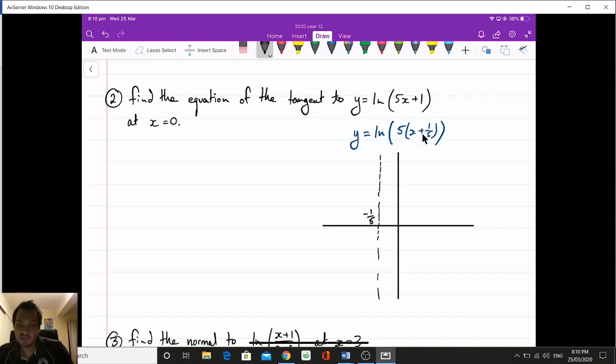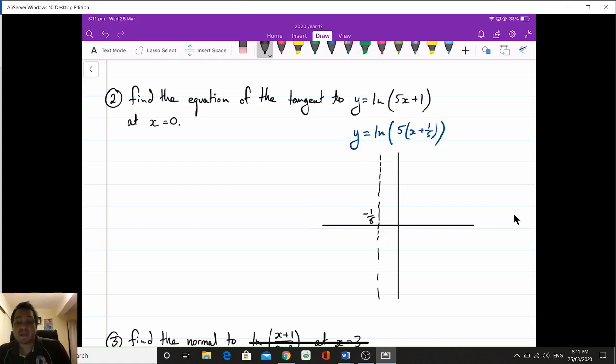It's a plus 1/5, and that's why we've got this. And then we've got the 5, that was squashing it in. So the whole graph would have been moved across -1, but because it's been squished by 5, it's been pushed into -1/5 as the asymptote.